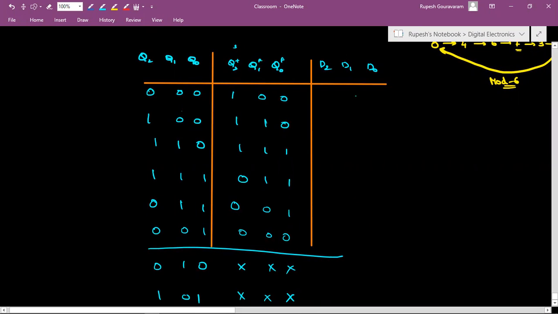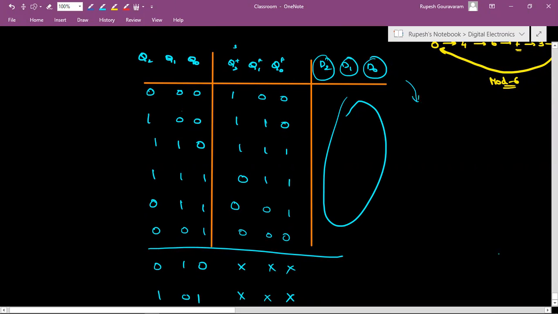So here you use K-map, then individually solve what is D2, then D1 and D0. This kind of procedure we have done in the previous session. We here also will do like that. So if D2, D1, D0 is found, we will find a sequential circuit, and that's how we will do it.